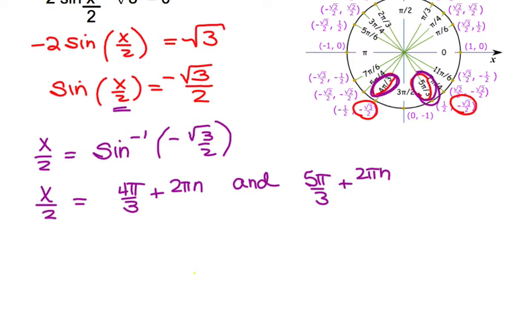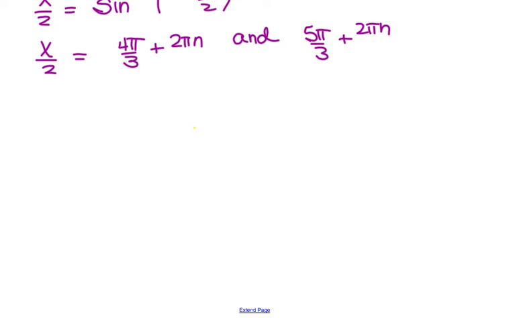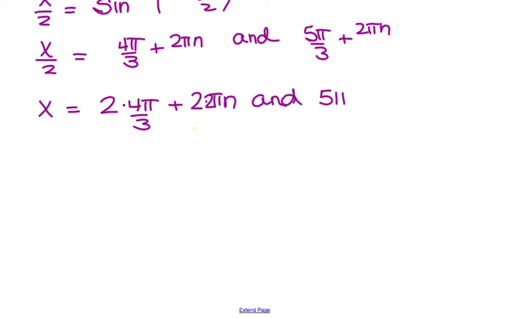All right. Now we need to solve this for x. And if you notice, there's an x dividing by 2. So to undo that dividing by 2, we need to multiply everything by 2. So we multiply this by 2. Multiply the next piece by 2. And 5 pi over 3 times 2 plus 2 times 2 pi n.